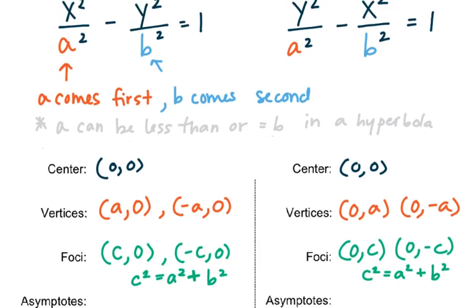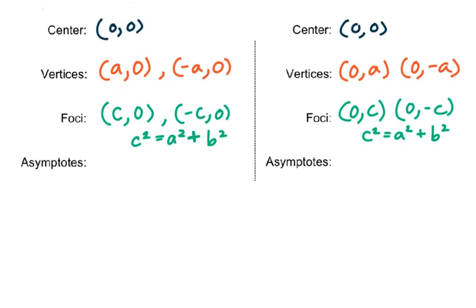All right, so we also have asymptotes. And we want to think about the asymptotes as being y equals mx plus b, right? So it's the equation of a line. In this situation, since we are centered at the origin, my asymptotes will be passing through the origin, and that b value is 0.